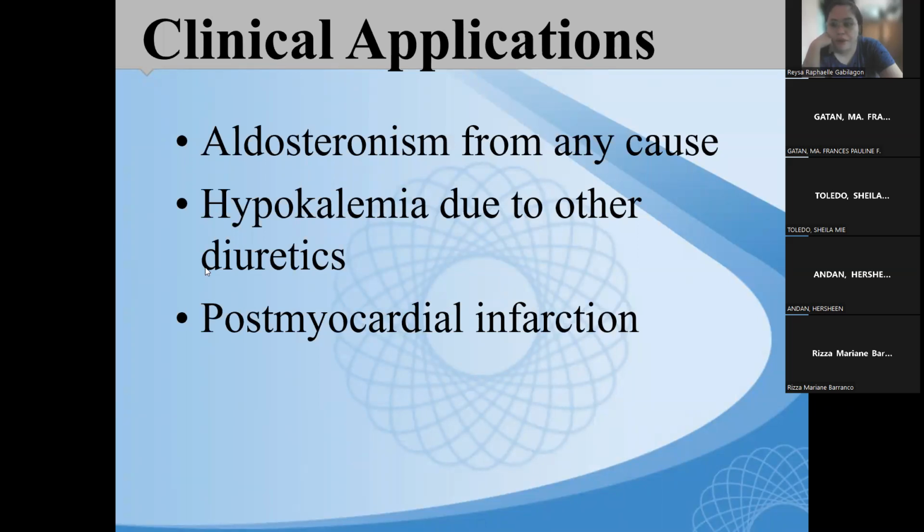But when you see spironolactone or the other potassium-sparing diuretics in combination with other diuretic agents, the goal there is to still increase urine volume and sodium excretion, but sparing the potassium, so that the patient will not experience hypokalemia.